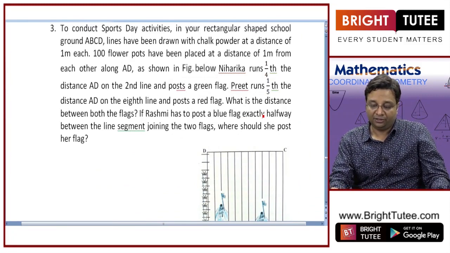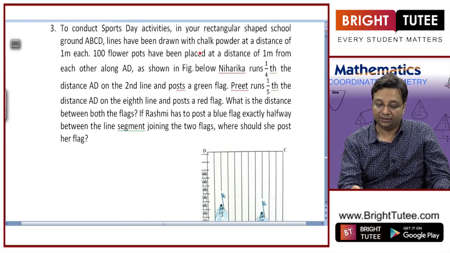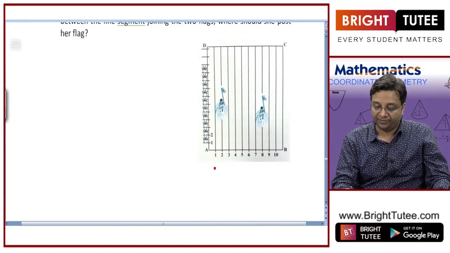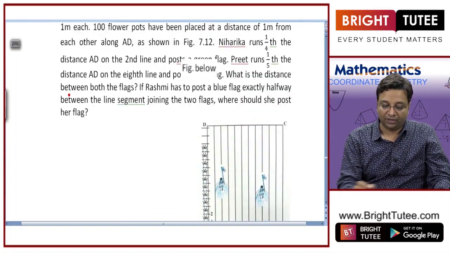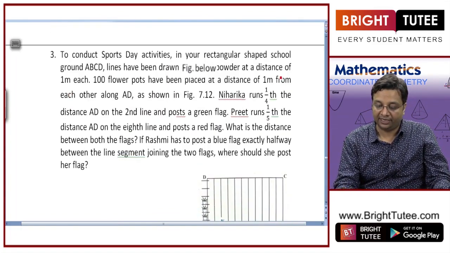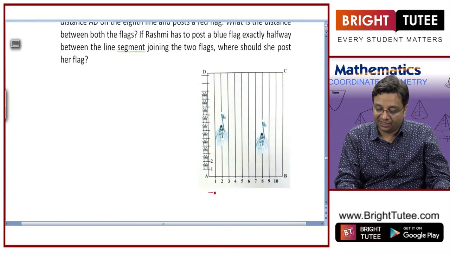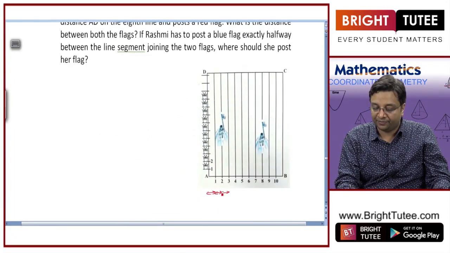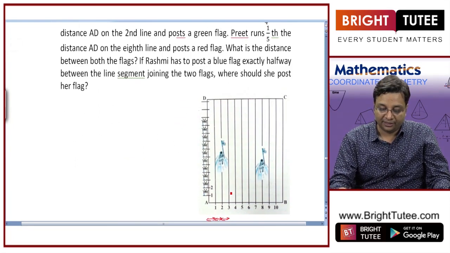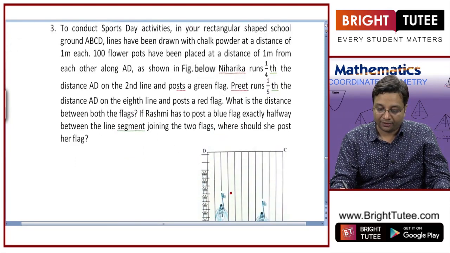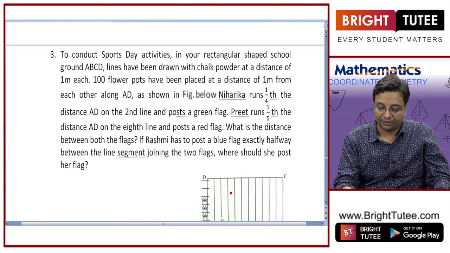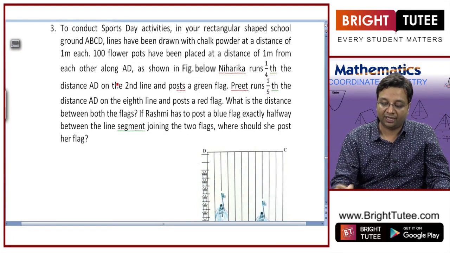So this is a lengthy statement. So basically in this question these lines are drawn, right, at a distance of 1 meter. So these are separated by 1 meter, right? And this is drawn by chalk powder at a distance of 1 meter each. 100 flower pots.